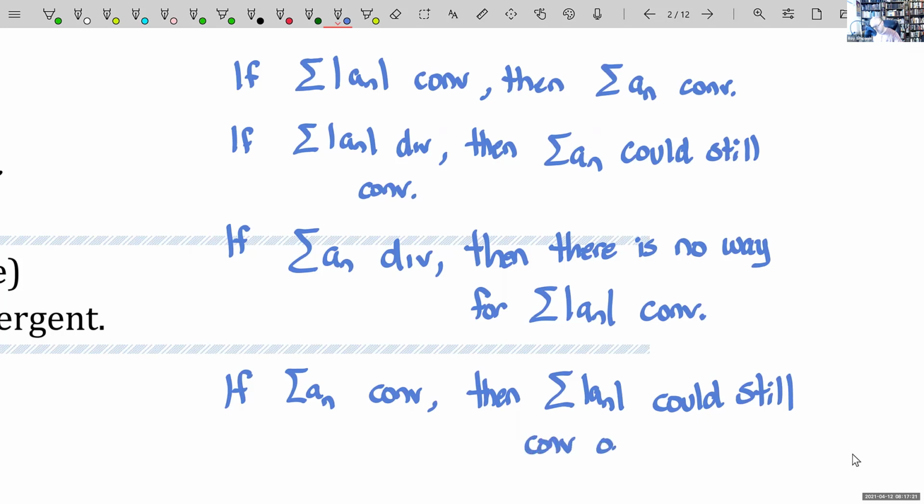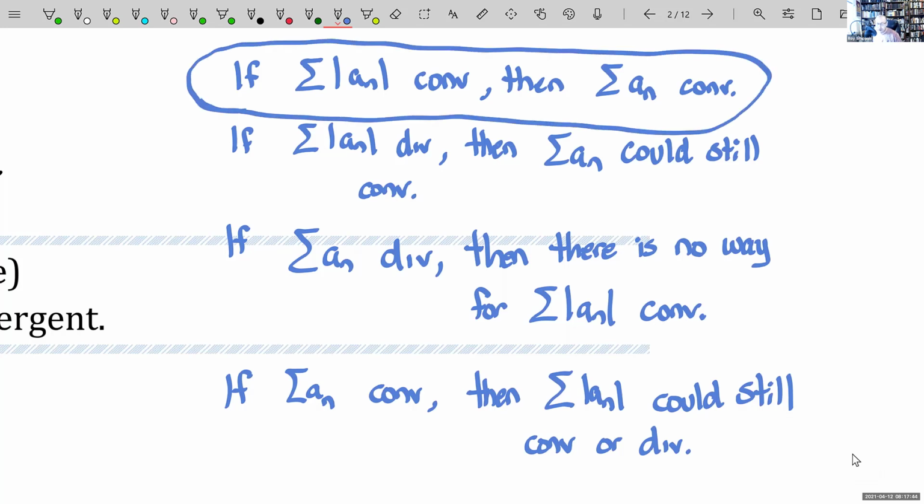We just don't know. So notice, there's not a great pattern there. But just know that absolute convergence implies convergence. That's the easiest way to say it. Absolute convergence implies convergence. This guy right here.